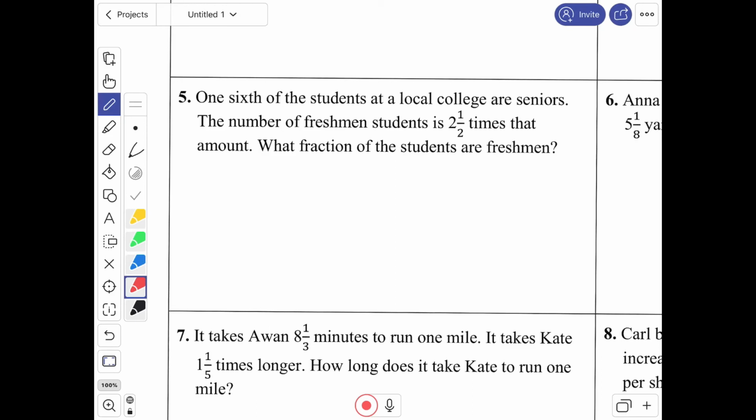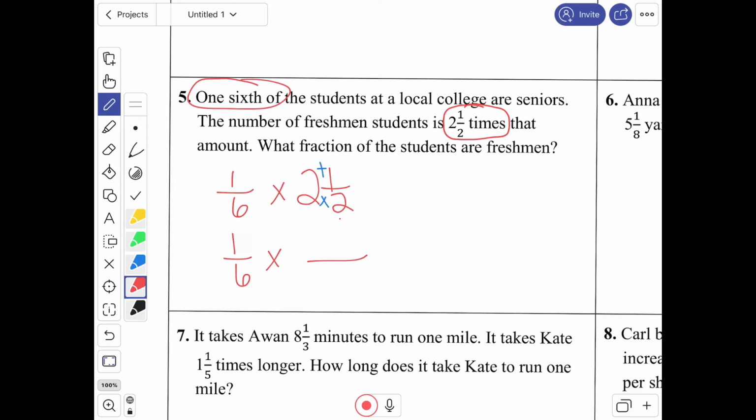Number 5, 1/6 of the students at a local college are seniors. The number of freshman students is 2.5 times that amount. What fraction of the students are freshmen? 1/6 of the students, and 2.5 times that. So 1/6 times 2.5. And that's a mixed number that we're going to have to change to an improper fraction.